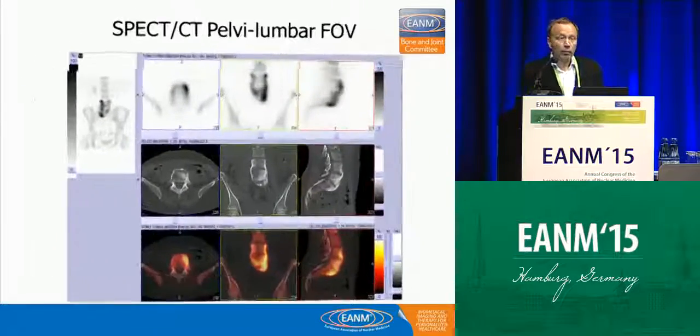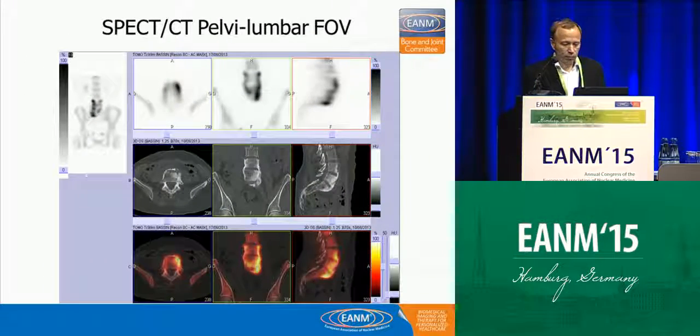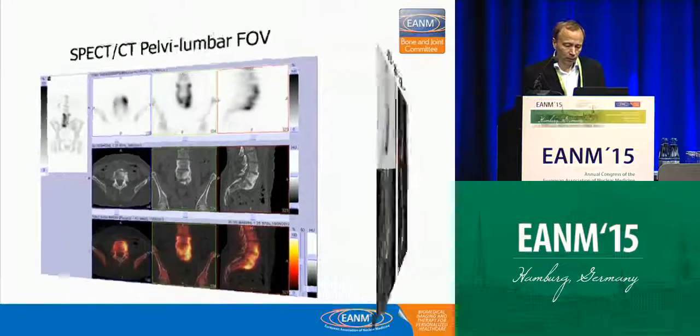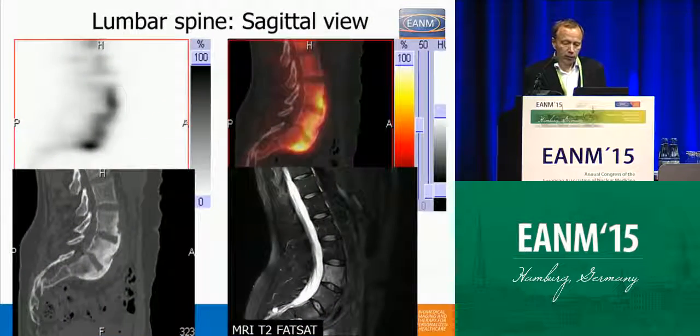So, as you may think, SPECT CT pelvic-lumbar field of view may be a useful adjunct because of the whole body bone scan findings. Here, the SPECT CT pelvic-lumbar. Here, the lumbar spine sagittal view.